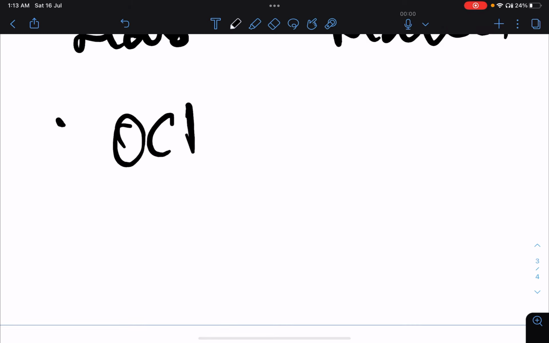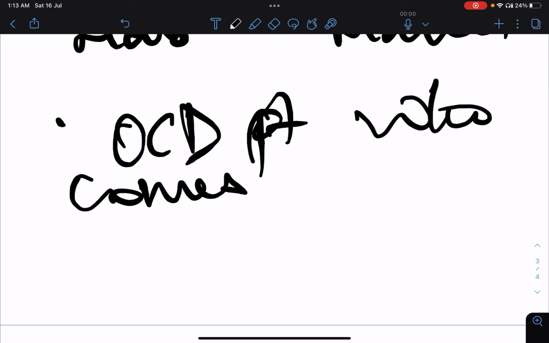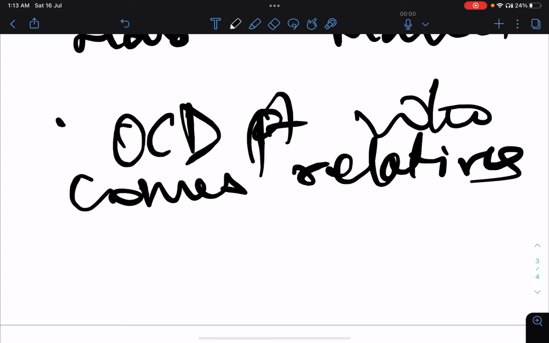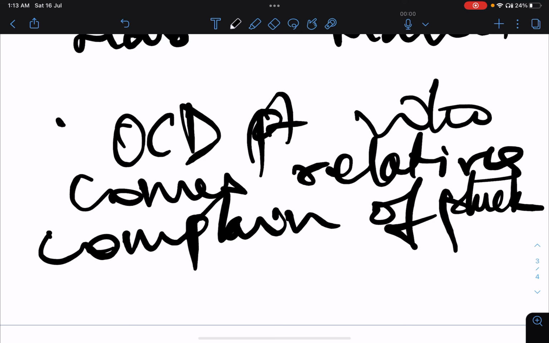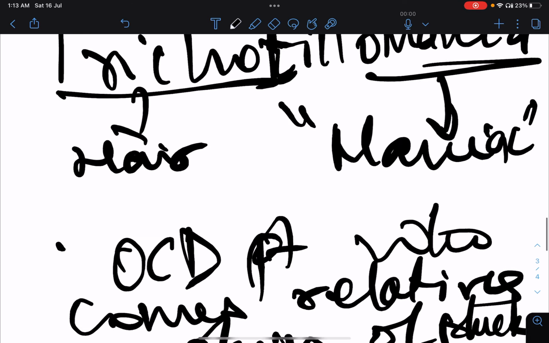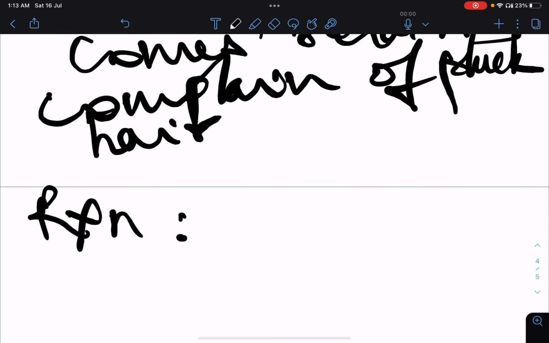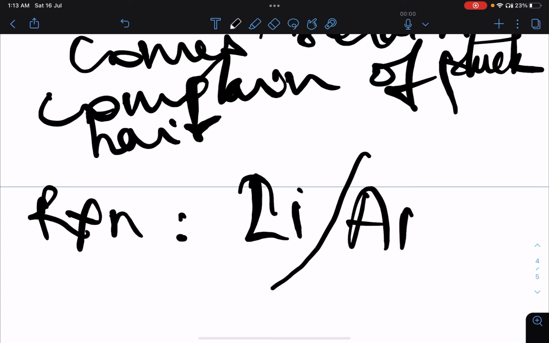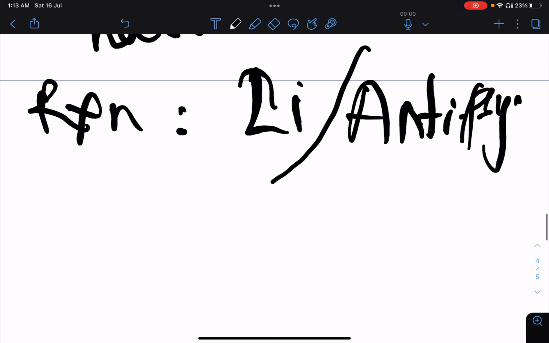So what actually occurs is that an OCD patient comes to you whose relatives complain of plucking of hair. So you need to diagnose this patient with trichotillomania, and obviously you would give lithium or antipsychotics as a treatment, depending on what kind of cycler he is, a rapid cycler, bipolar, or just a maniac patient, depending completely upon that.